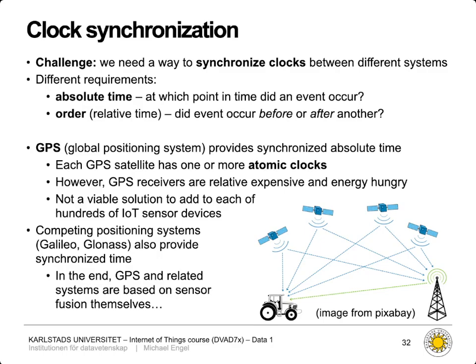So GPS, our global positioning system, as you probably know, consists of a number of satellites in a geostationary orbit. And these satellites are provided with atomic clocks, so high precision clocks, and they synchronize with each other. And what you do is you do a triangulation of different signals of different satellites. And this not only helps you to find out your position, but you also need this precise time to figure out the run times of your signal from the satellite to where you are on Earth.